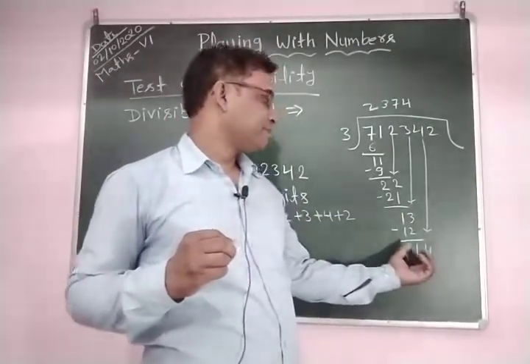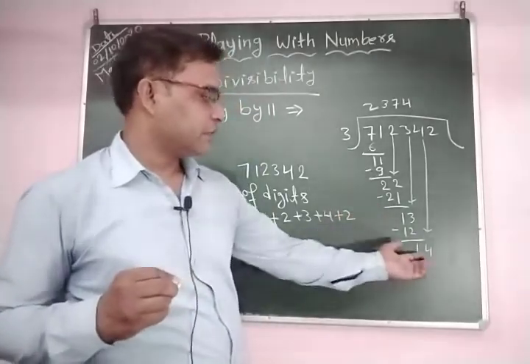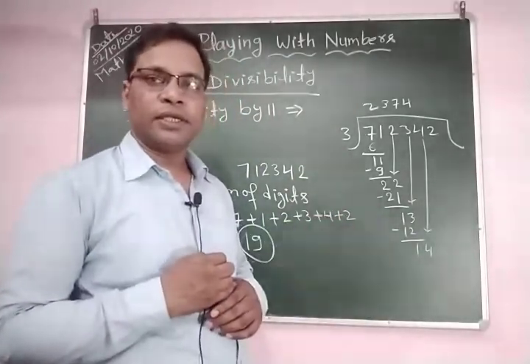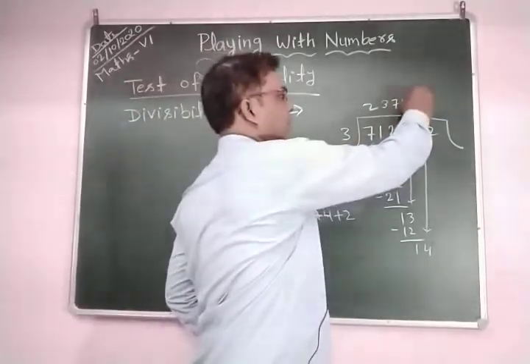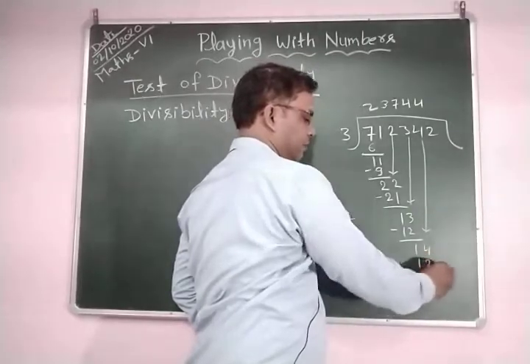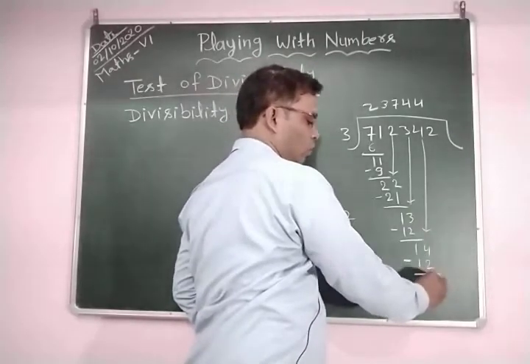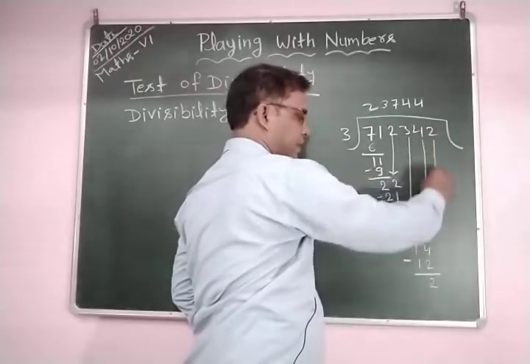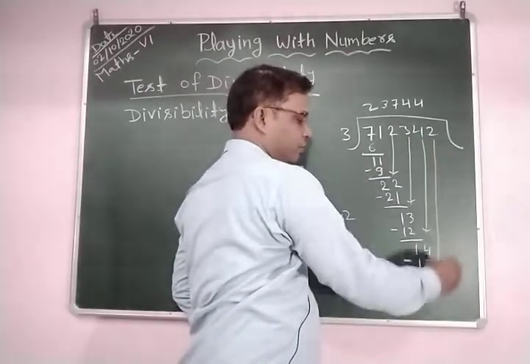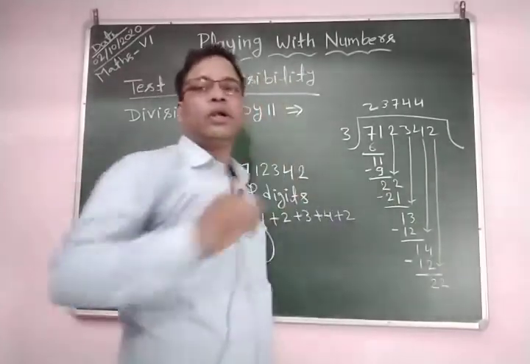Now again, this is our dividend. If you divide by 3, then we obtain quotient 4. So this is again 4, and here 3 fours are 12, and we subtract them, then we obtain here 2. And again we bring down 2. 2 is our remainder. When we bring down this 2, then it becomes 22.